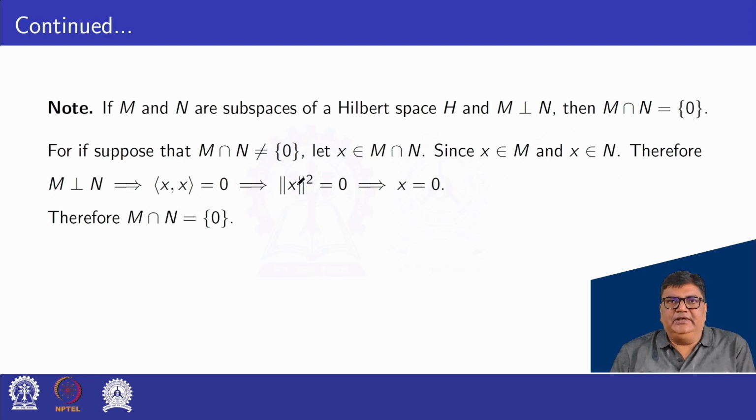So this implies that norm x squared is equal to 0. That is, x is equal to 0. Therefore, M intersection N is the singleton set {0}.